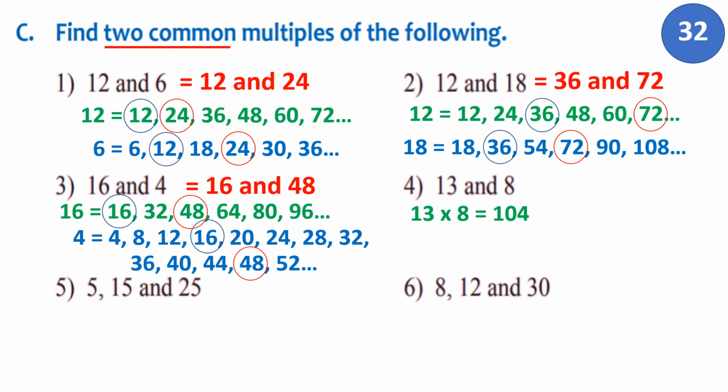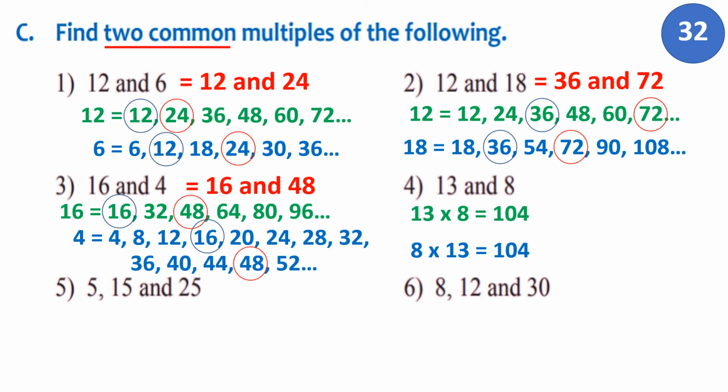And 8 times 13 is 104. They are the same. Okay, students? Writing 13 times 1 and so on is very long. So 13 times 8 is 104, and 8 times 13 is 104.